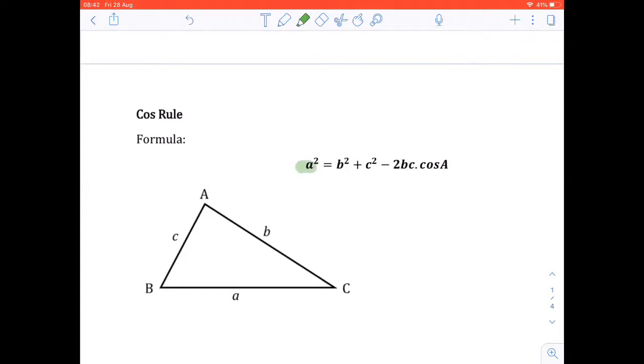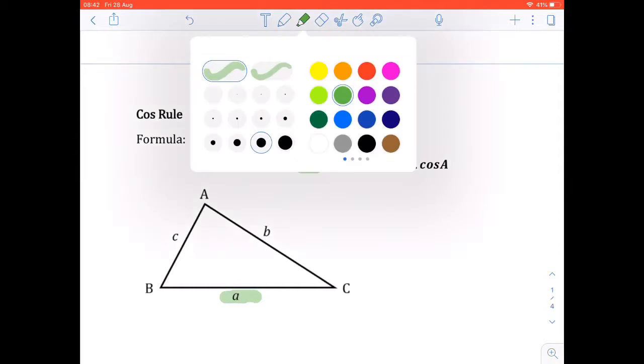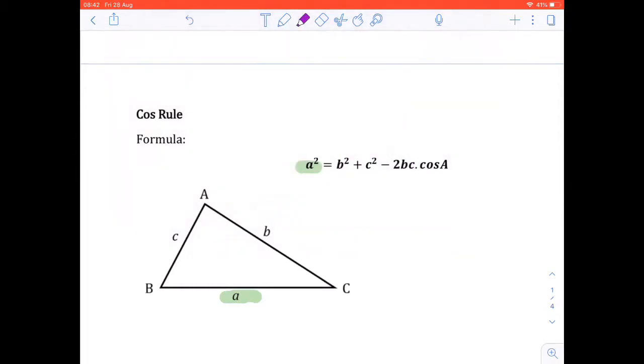So we square side a and make it equal to b squared, and there's another b in the formula, and there's a c, and another c, and then cos A of that angle.